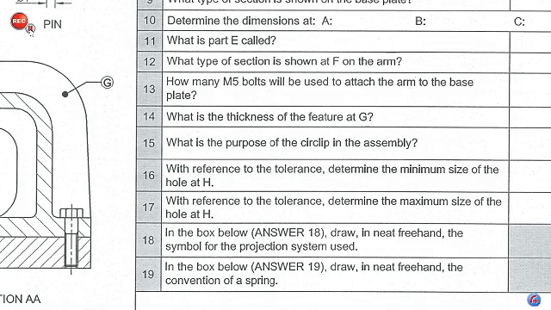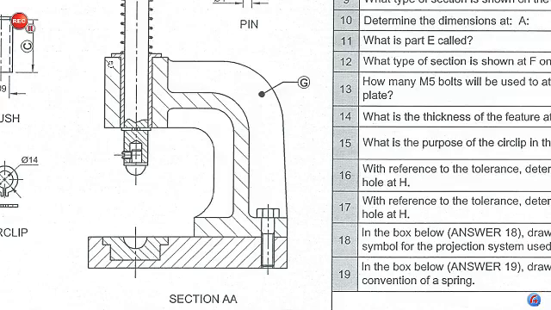Number 14, what is the thickness of the feature at G? This is G here, and that refers to this part here, which is unhatched, and that part over there. That is specifically designed to be in the center of this arm.